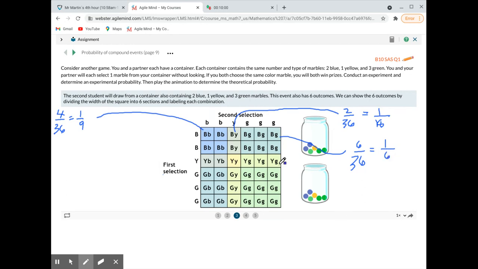Good. Let's look at yellow to green. What is that chance, Sanaya? Oh, yeah, she can't hear us. Let's see what she wrote. I mean, she can hear us, but she can't talk.